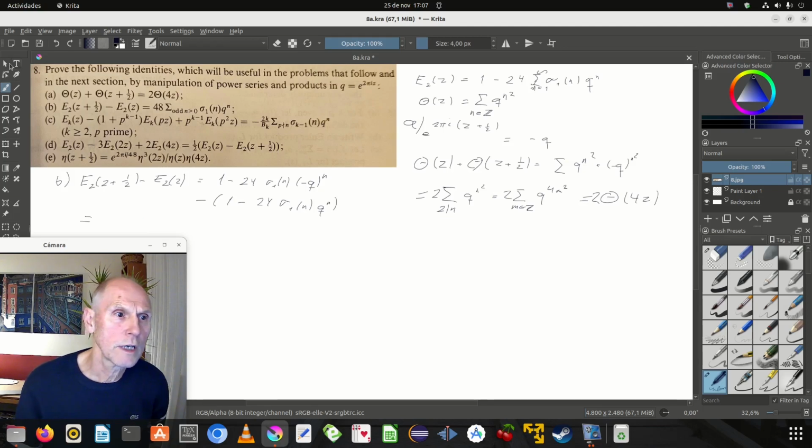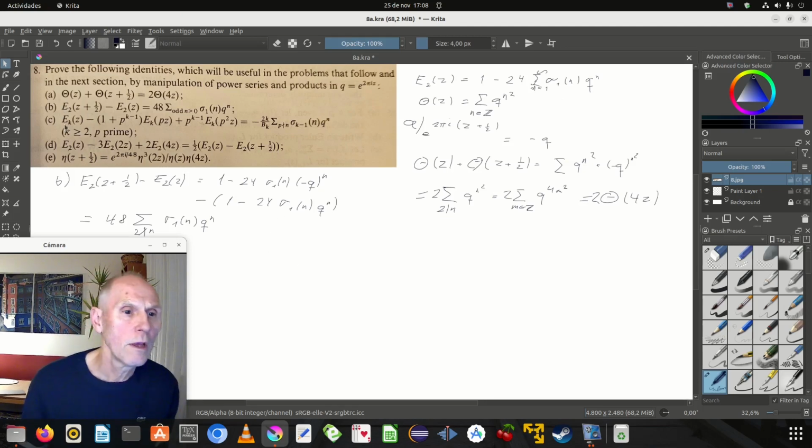So unity cancels, and then we get 48 times this when n is, now let's see, if n is even it cancels, so it's only if n is odd. And wasn't that what we should prove? Yeah, of course n positive, because in E2 we're summing from unity to infinity, so we are starting with 1, 3, 5, etc. Well, that was B.